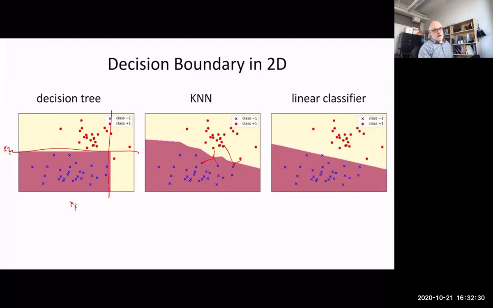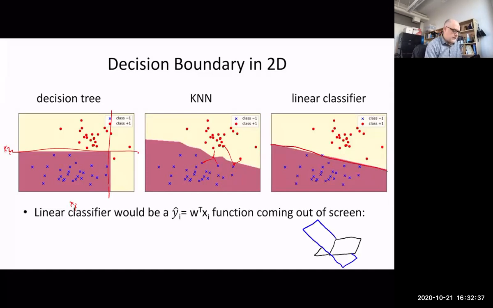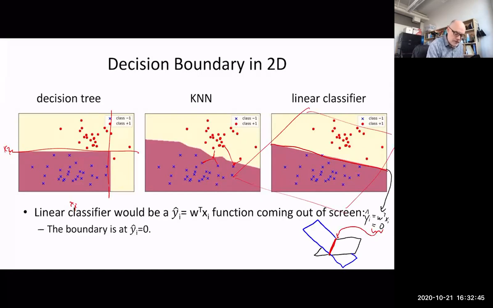In linear classifiers, the classification boundary is a hyperplane. Here, you should think about the hyperplane as coming out of the screen, with the dividing line being where W transpose Xi equals 0.